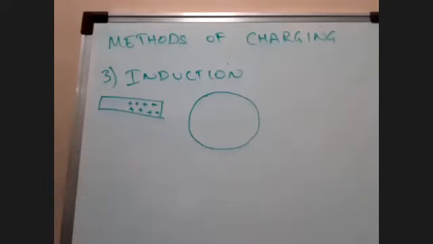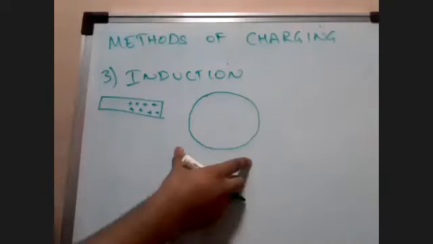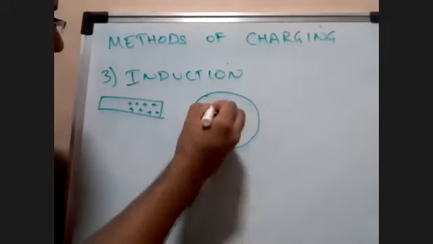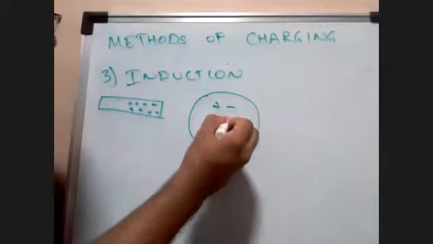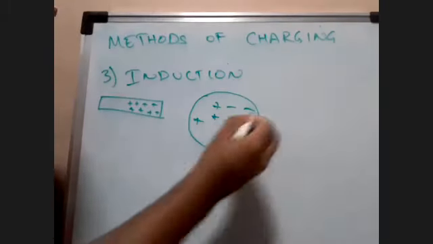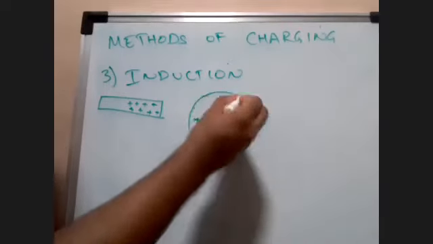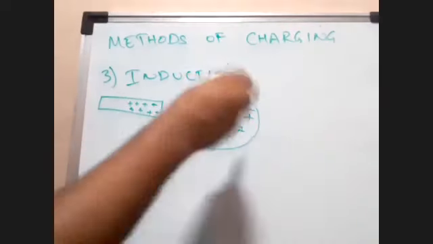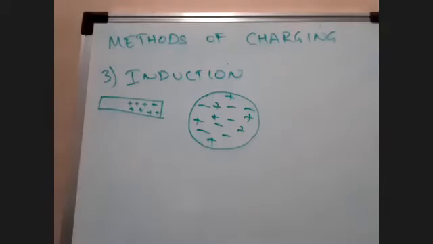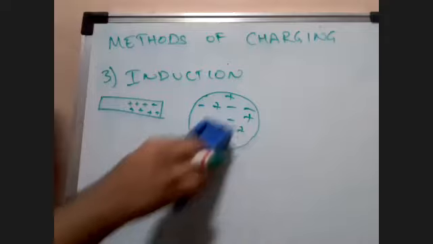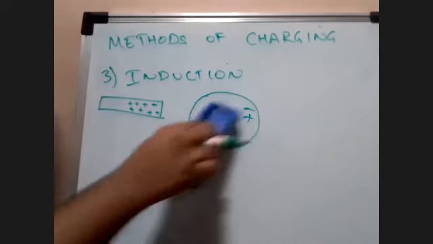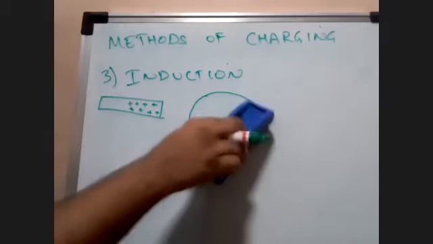Considering that this is a neutral object, a conductor, the number of positive charges and negative charges are going to be equal. There's a positive charge here, positive, negative, they're all equal. But as soon as you bring this over here, all of the charges within this conductor will be affected. Remember, both are conductors.